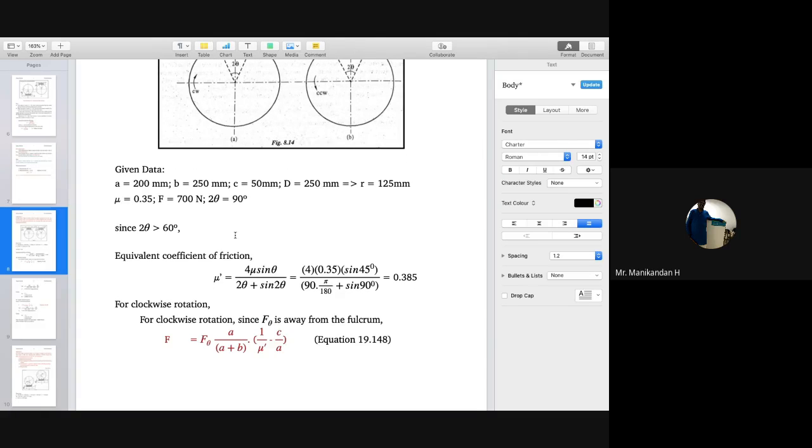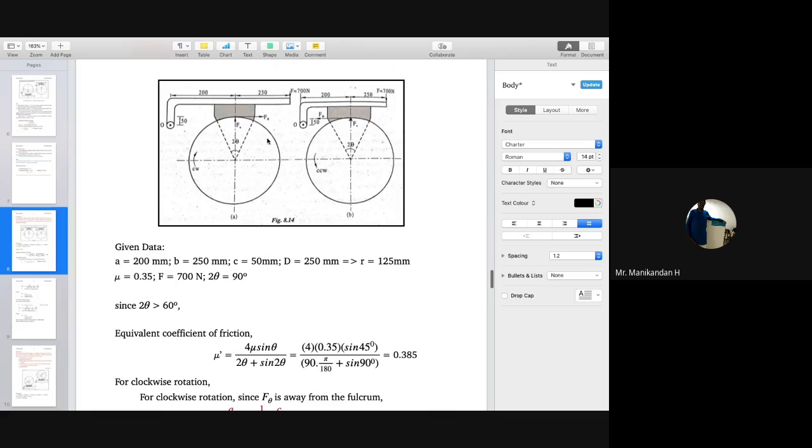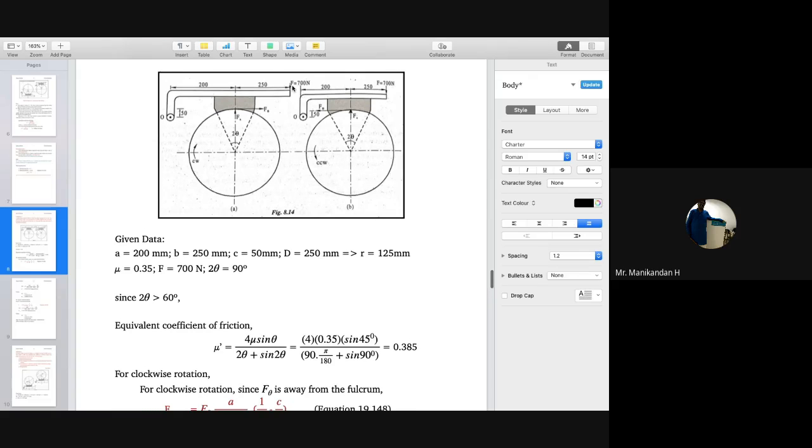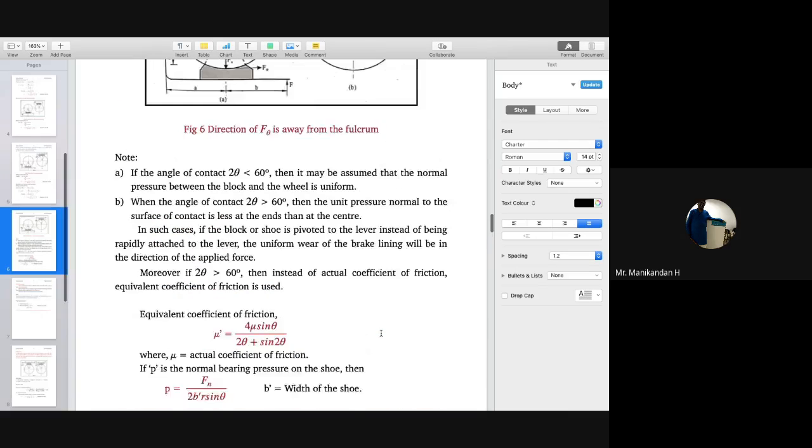Now for clockwise rotation, this is the first figure. After deriving, we can get the formula ready-made. If it is clockwise rotation and F theta is away from the fulcrum, we can use equation 19.148.